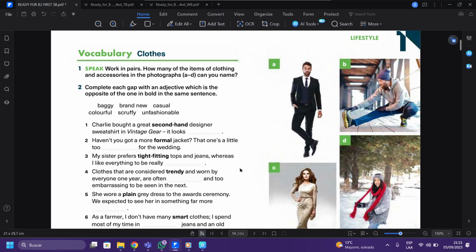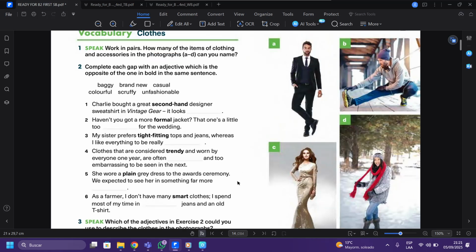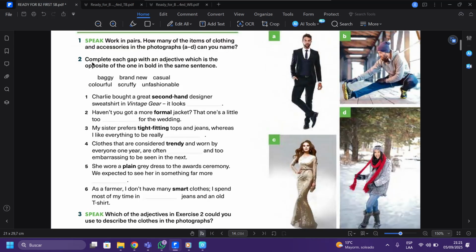Now let's go over. We're gonna learn some vocabulary related to clothes. Yes. We can see here the following vocabulary. Let's jump right to exercise number 2. We have to complete each blank with an adjective which is the opposite of the one involved in the same sentence. I mean the antonym.